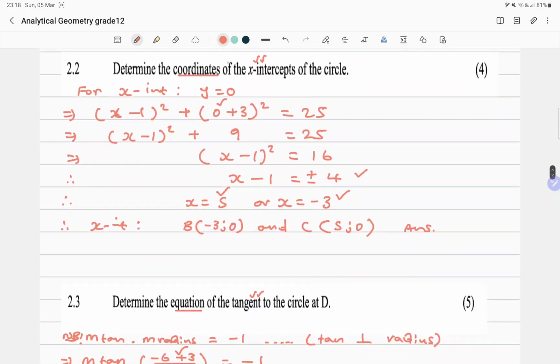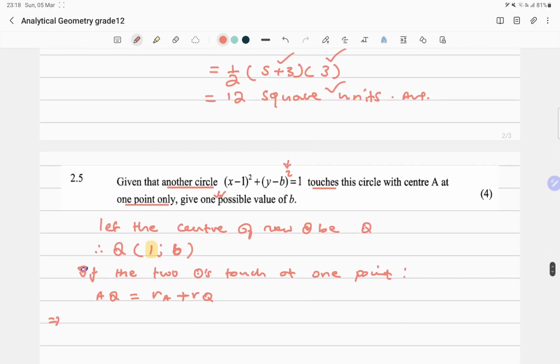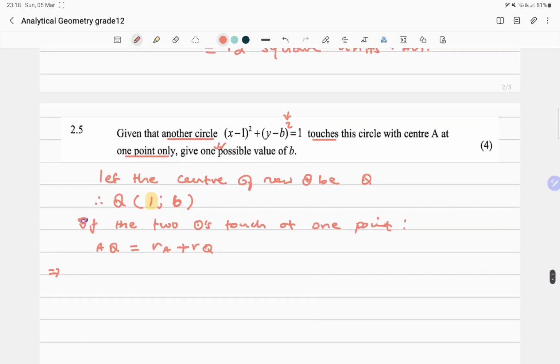But you can use the distance formula. Maybe let's be comprehensive for one moment instead of taking too many shortcuts. So we can use the distance formula here and say this implies that the square root of (x_Q minus x_A) squared plus (y_Q minus y_A) squared is going to be equal to these ones added together. We can see that the radius here was 5, and the radius on the other one is 1.